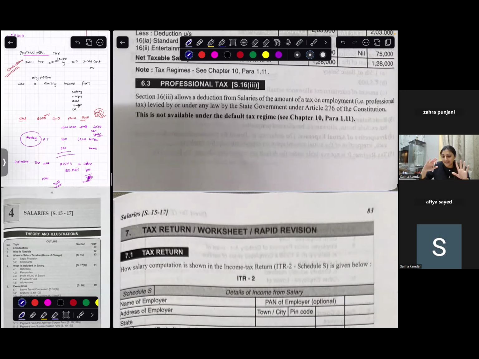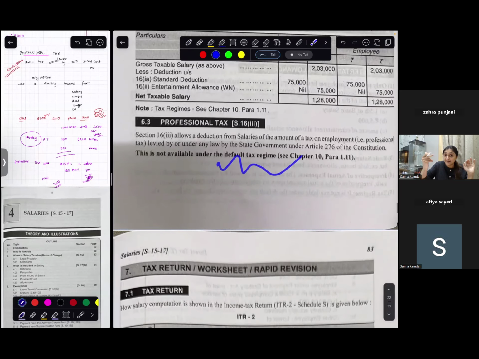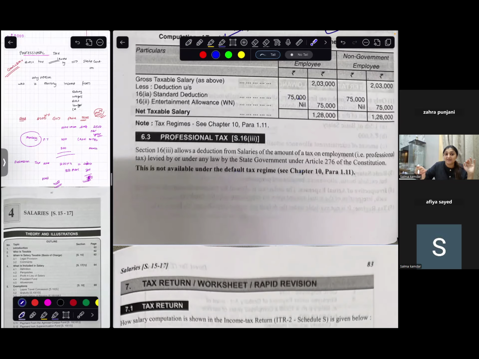Yeah. You will not get deduction for professional tax also, and you will not get deduction for entertainment allowance also, if they use the default regime. They use the default tax regime, so you will only get standard deduction. You will write entertainment allowance and you will write professional tax, but you will give zero deduction.